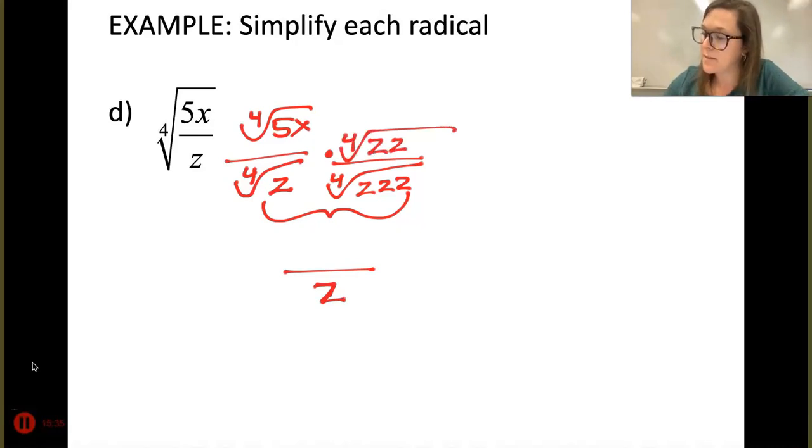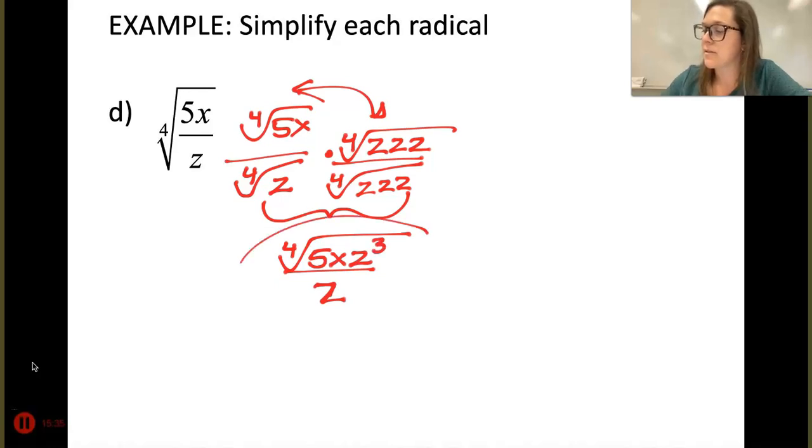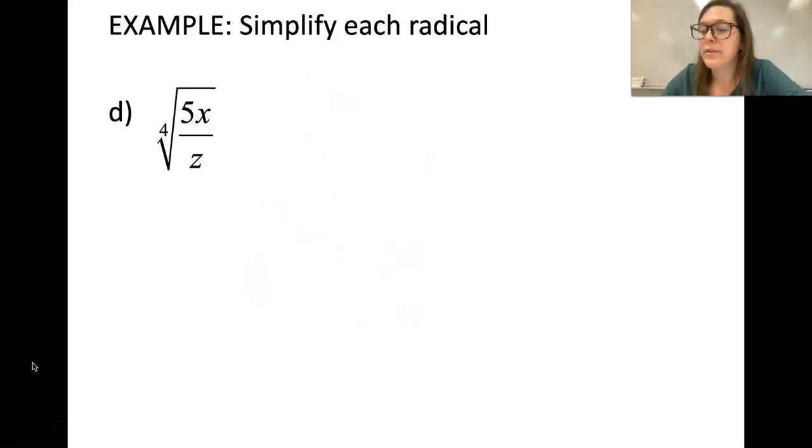So z, z, z, which is just z to the third, right? When I multiply these guys together, I'm left with a fourth root of 5x z to the third, all over z. Okay, so you need as many as your index, okay?